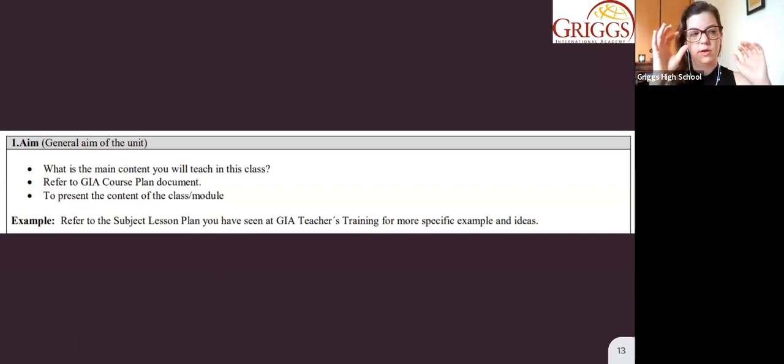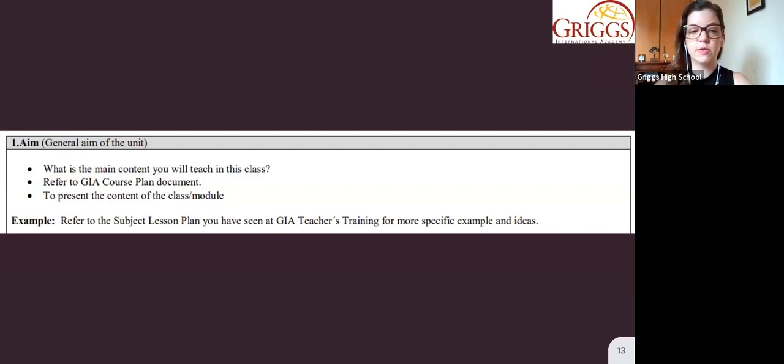So know the different macronutrients, understand their role in the body, and be able to identify different food sources. It's one sentence, long, comprehensive, but also objective.